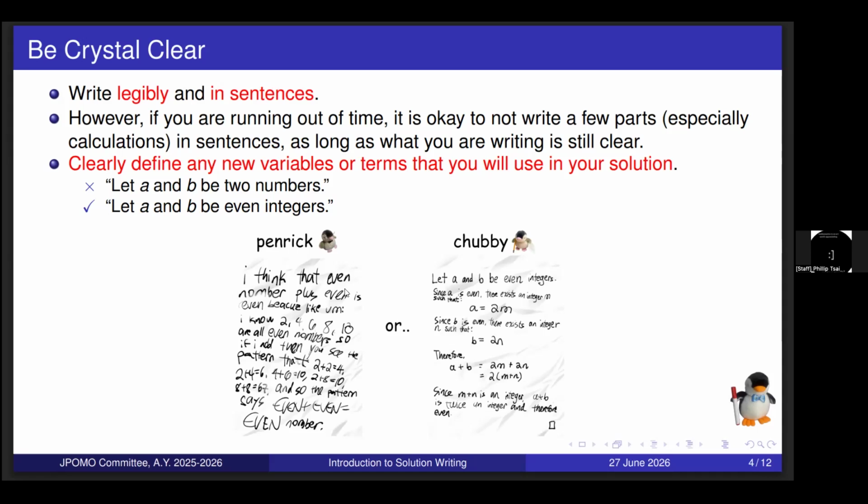For the person who's going to read it, they don't really know what you're exactly talking about, which can make the solution confusing or even wrong in some parts. So it's very important to clearly define any new variables or terms you will be using.